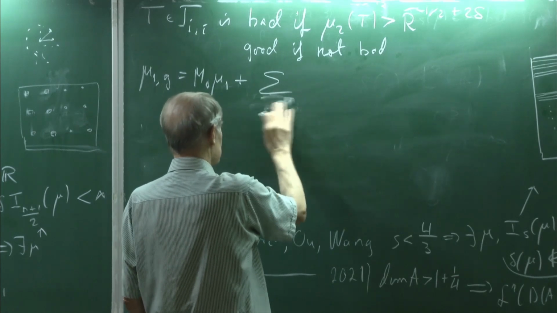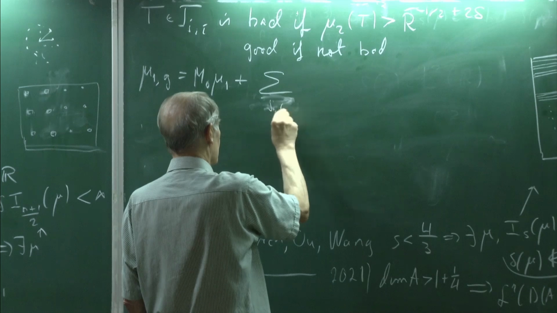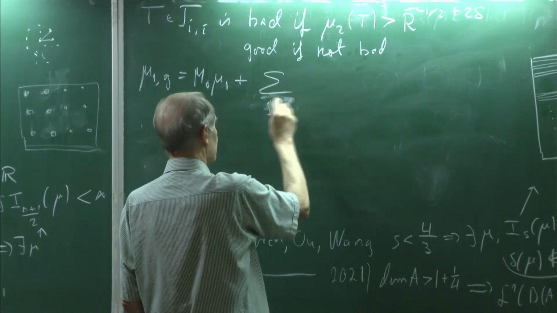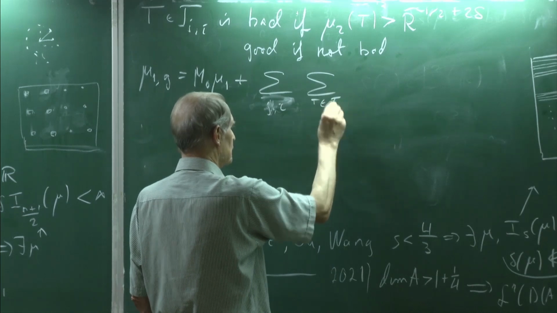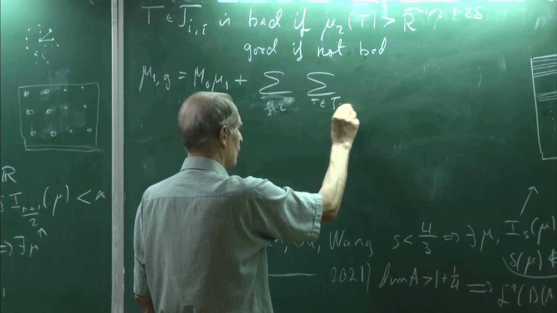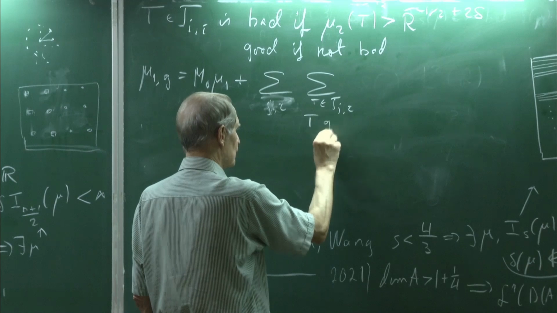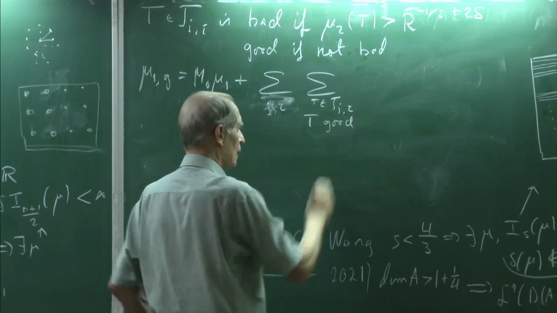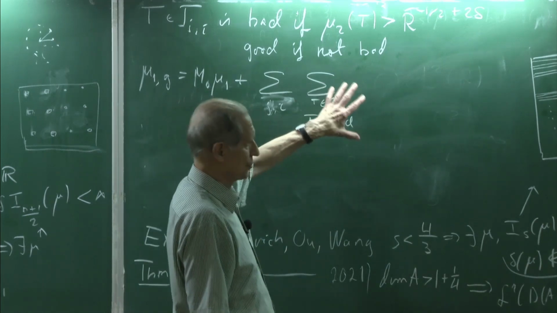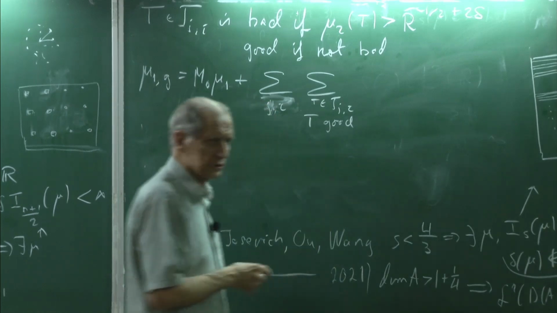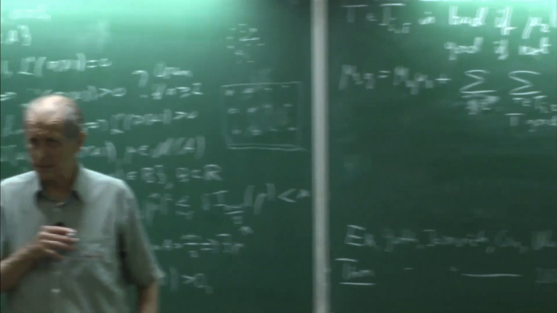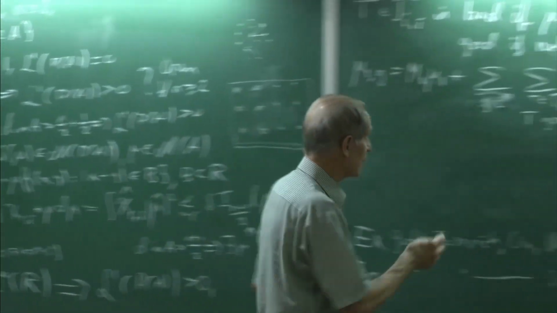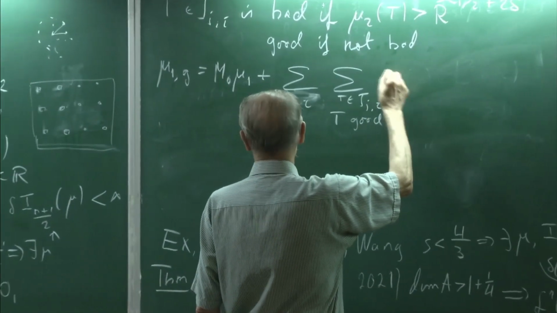Or maybe I write it j, tau, and then the sum over t in d_j tau, but t is good. So I only sum over those rectangles which don't have too much measure. And in this way I form this new measure.